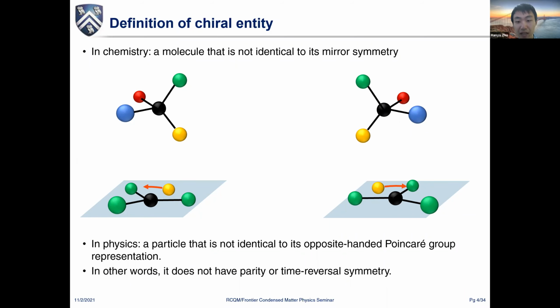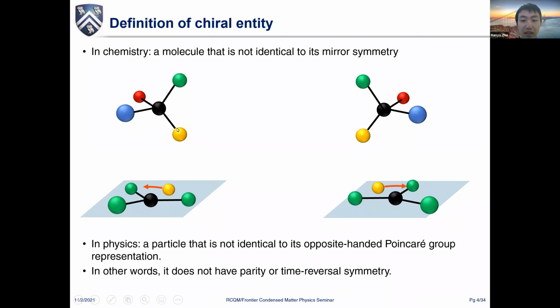Because it's defined by the Poincaré group, which includes basically four-dimensional space rotation, roughly speaking, the concept of chirality means that the object must not have either parity or time reversal symmetry.